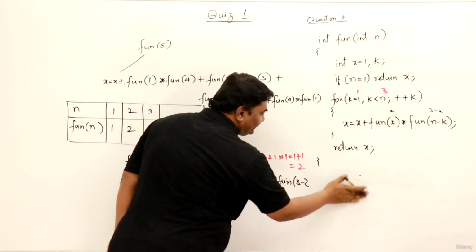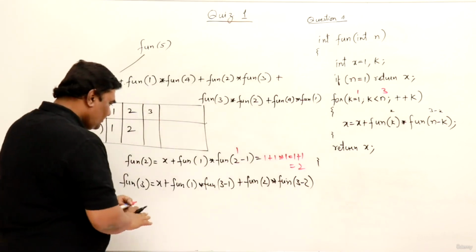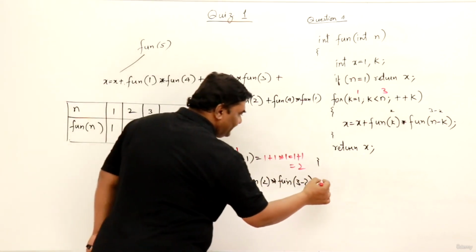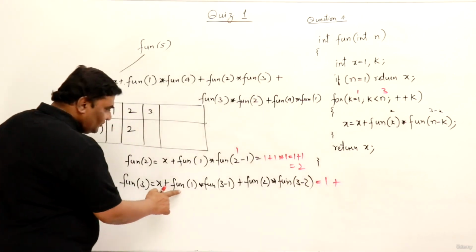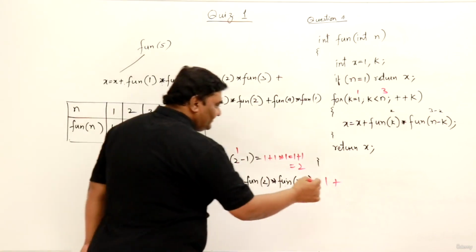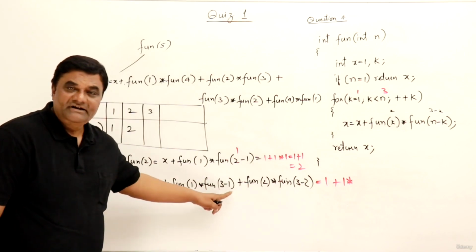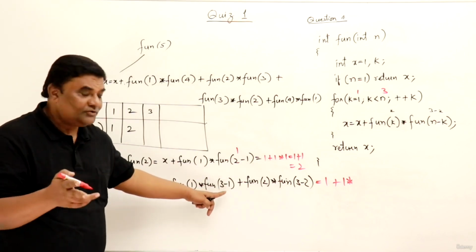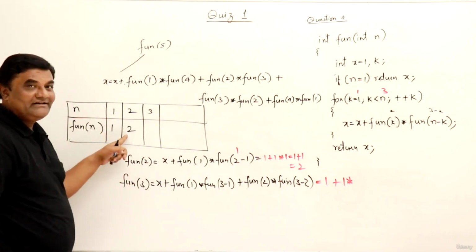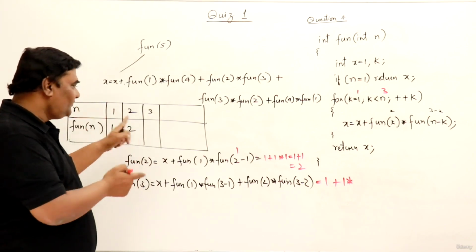Now let us solve it. This is 1 plus fun of 1, which we already know is 1, into fun of 3 minus 1. 3 minus 1 is 2, fun of 2. What is the value of fun of 2? We know it. See, this is the benefit. We already know the smaller values.